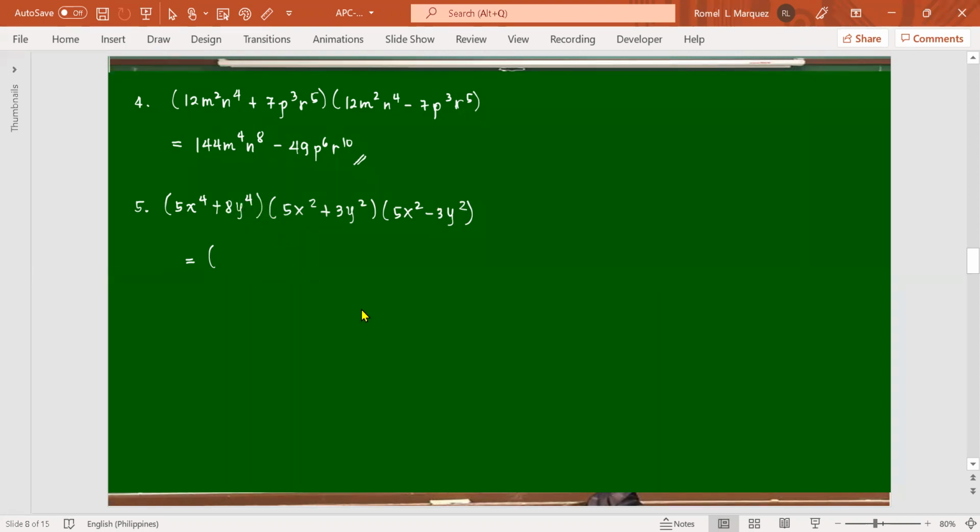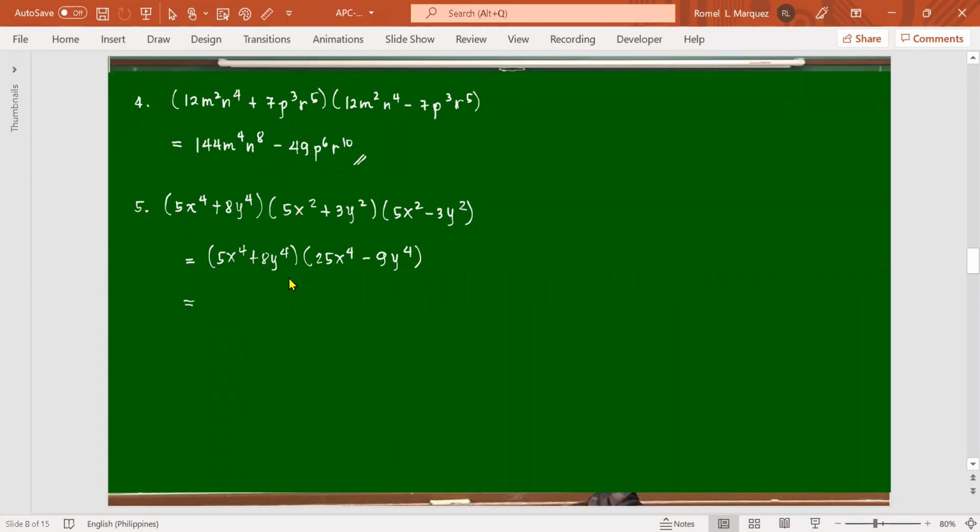Okay, what about this? Which first, the last two? Am I right? The last two have a pattern, right? A plus B, A minus B. So 25x to the fourth minus 9y to the fourth. Am I right?